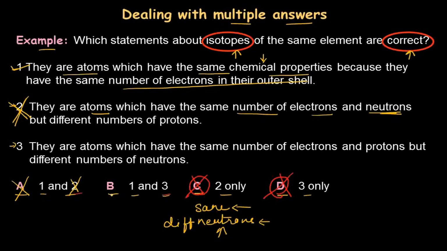Still, as I have suggested earlier, we need to read all the options even if we have got the correct answer. So let's read statement 3 to confirm. It says they are atoms which have the same number of electrons and protons but a different number of neutrons. So yes, statements 1 and 3 are correct, and because of that, option B is correct.